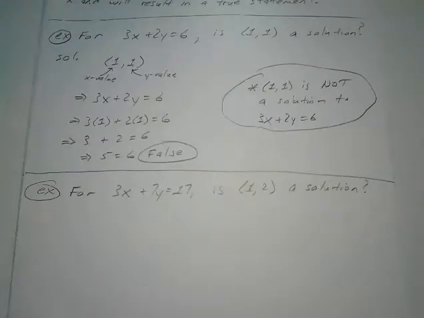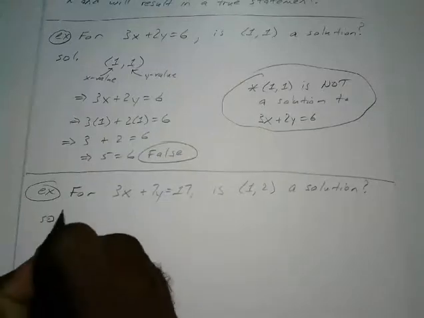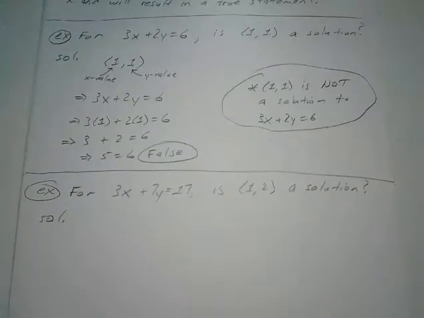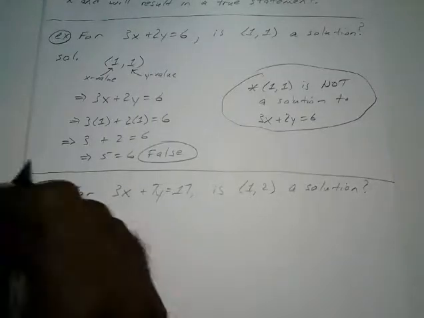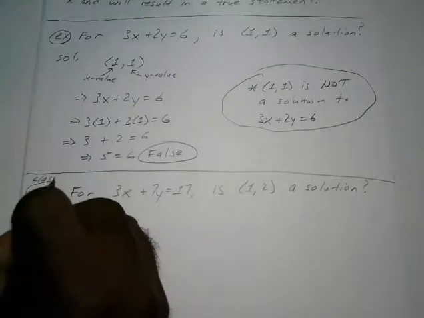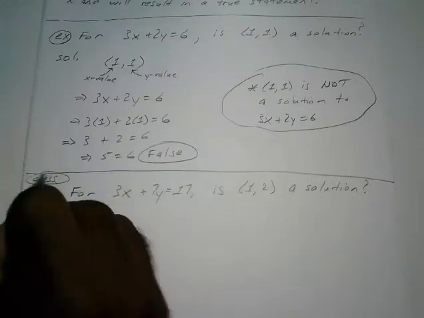Okay, so we have 3x plus 7y equals 17. All right, so just like before, well, better yet, I want you to press pause and try this one and find out if it's a solution.